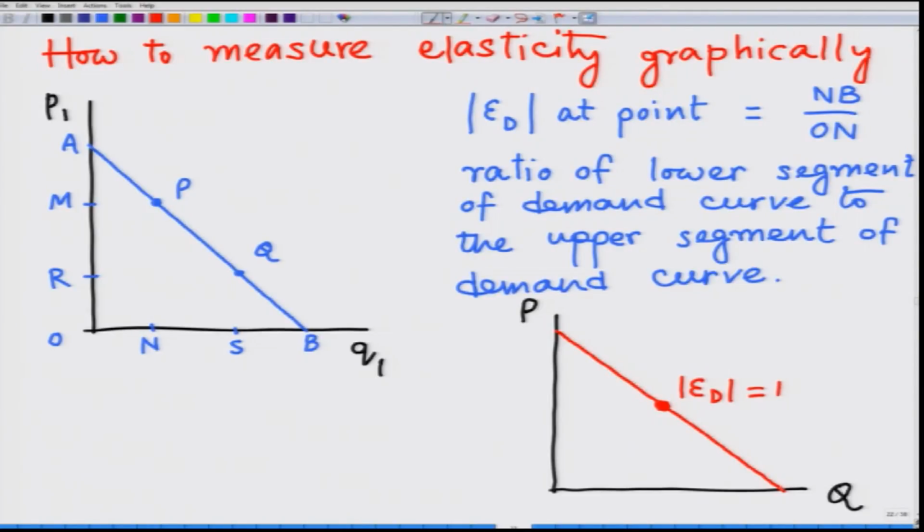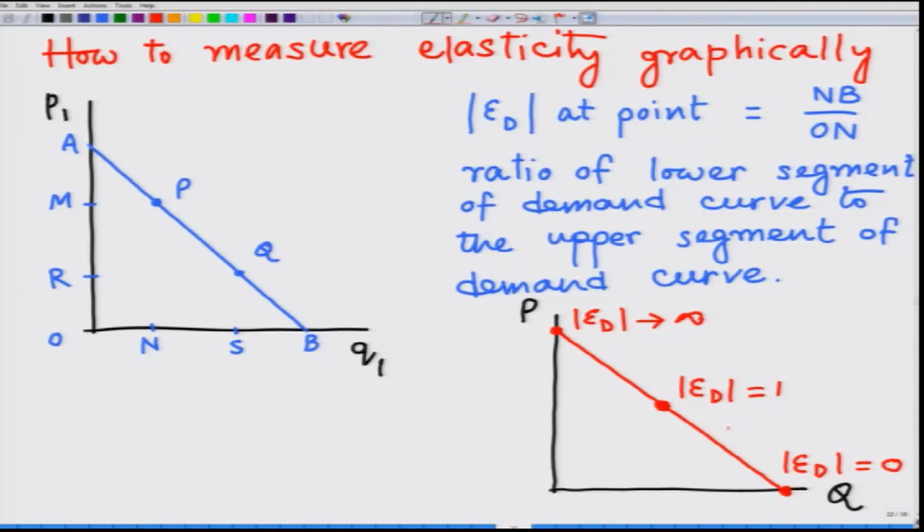Then at the intercept with the quantity axis, the elasticity value would be 0, and at the intercept with the price axis, elasticity will tend towards infinity.